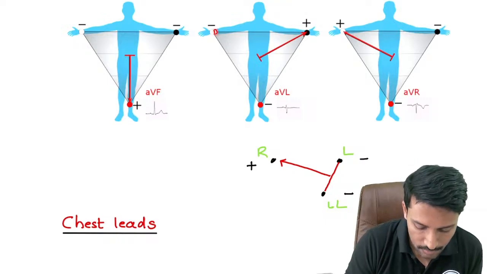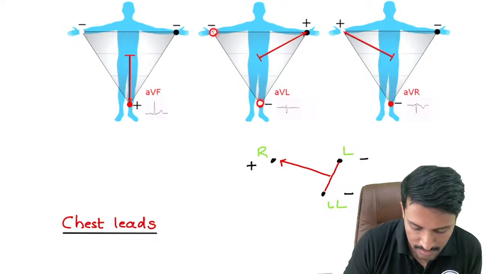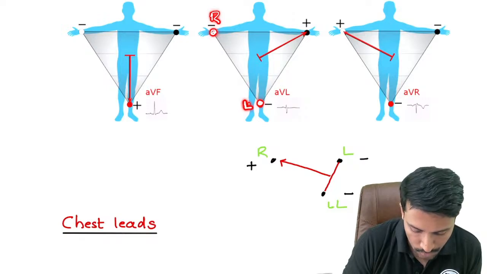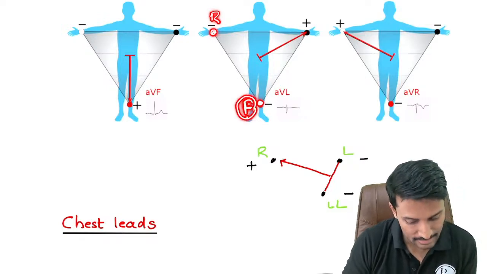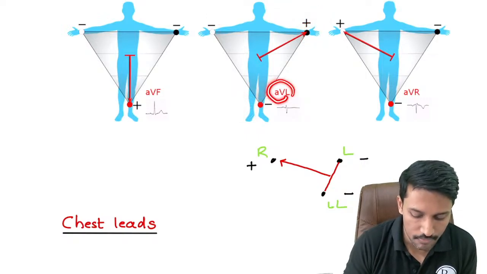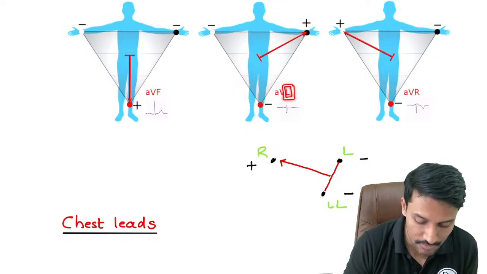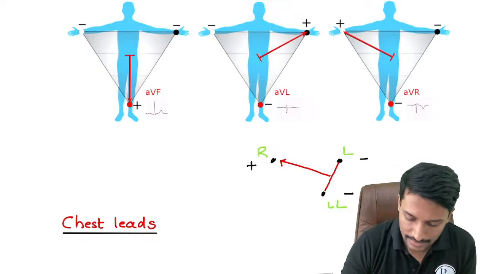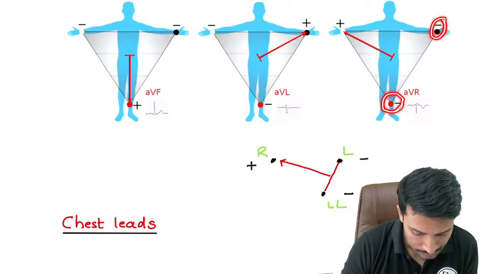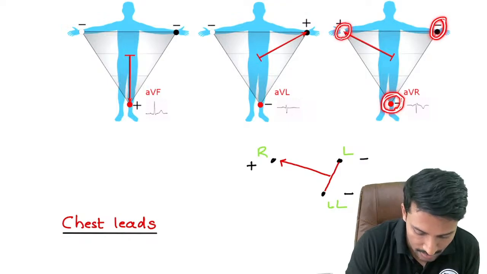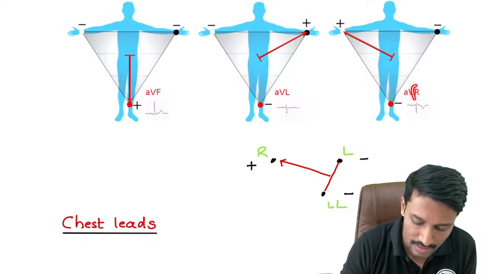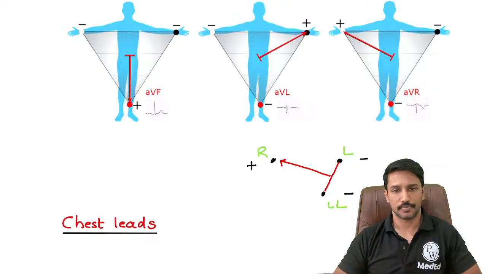If I have the right arm and the left foot as negatives, and the left arm as positive, then I will call it AVL. Why L? The left arm is positive. And if I'm using the left arm and left leg as the negatives and the right arm as the positive, then we will call it AVR. Why R? Because the right arm is the positive lead here.